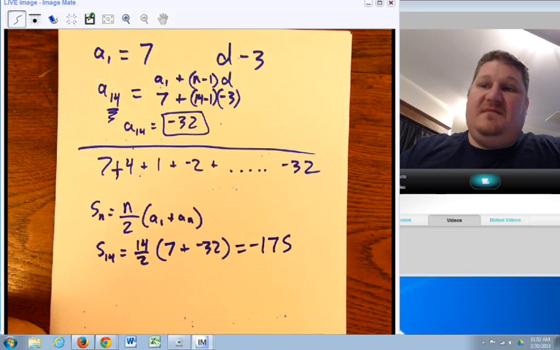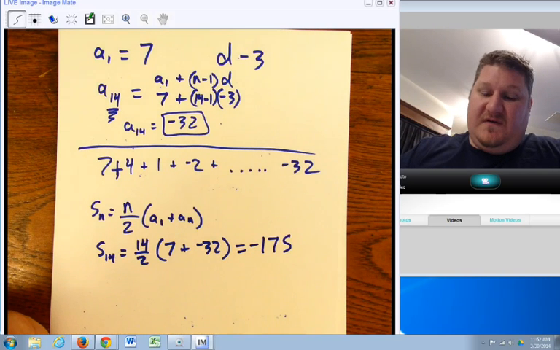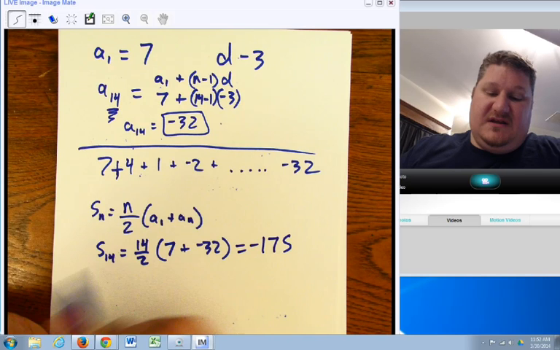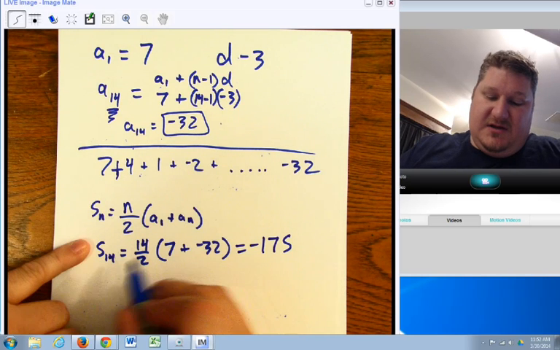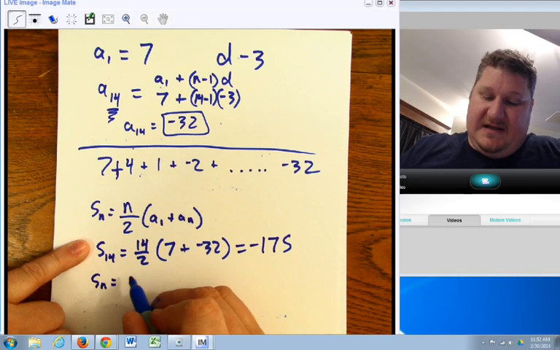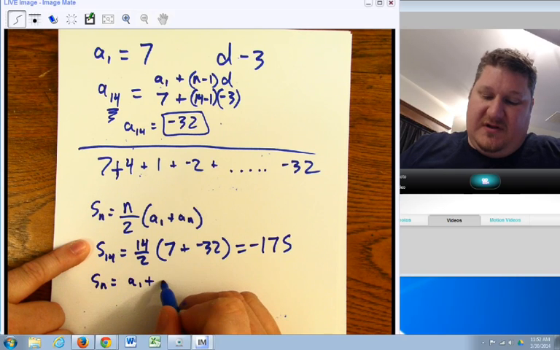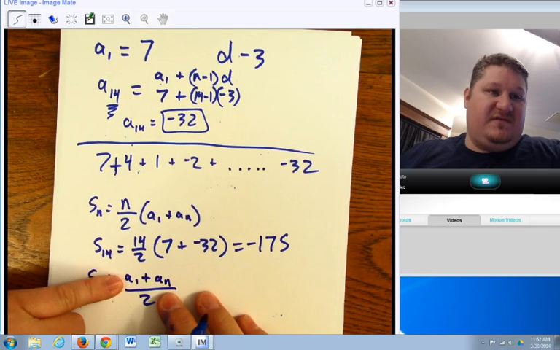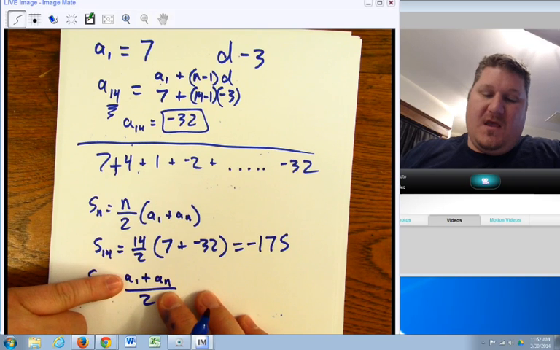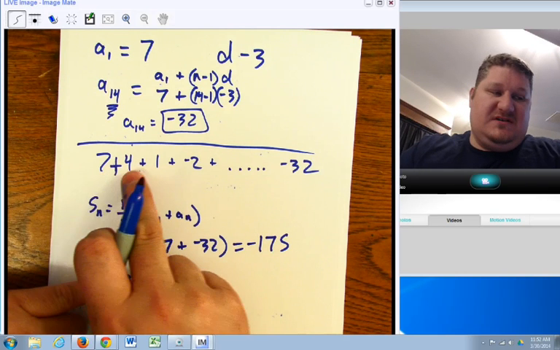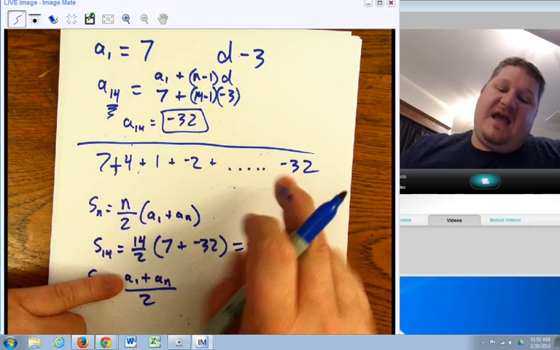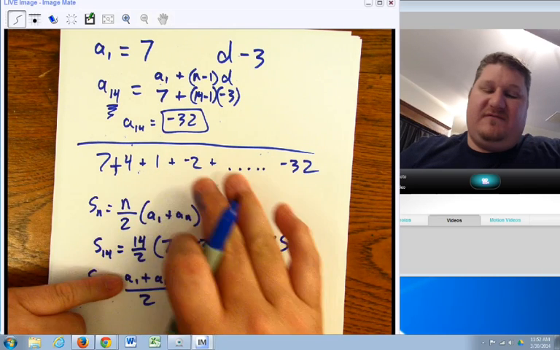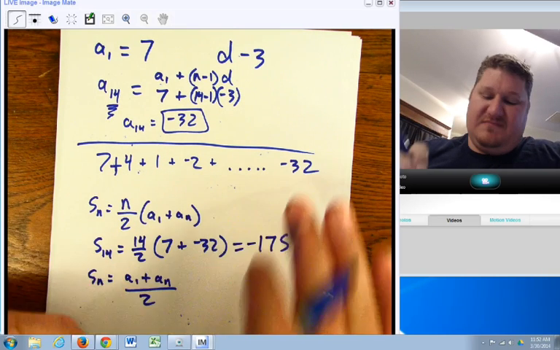Now, let me give you an idea of where this comes from. Really what you're doing is simply saying, could I write this as a sub 1 plus a sub n divided by 2? That's nothing but the average of the first and the last term. Since all we're doing is adding one to the other, half of these terms are going to be below average, half of them are going to be above average by the same amount.